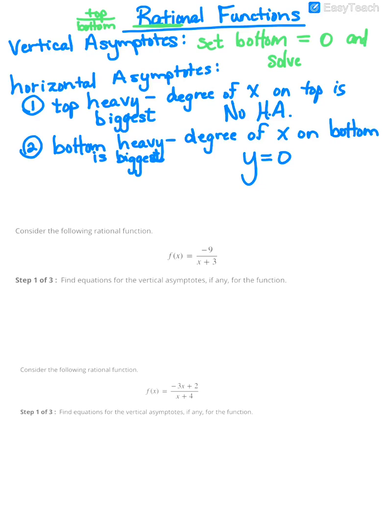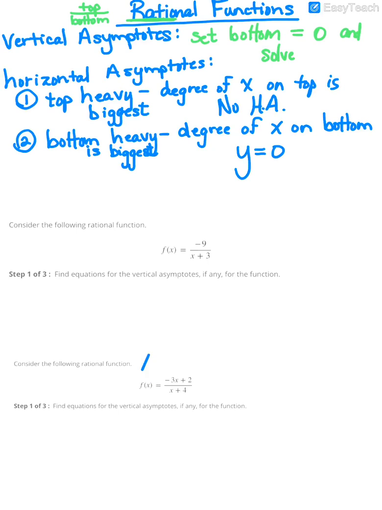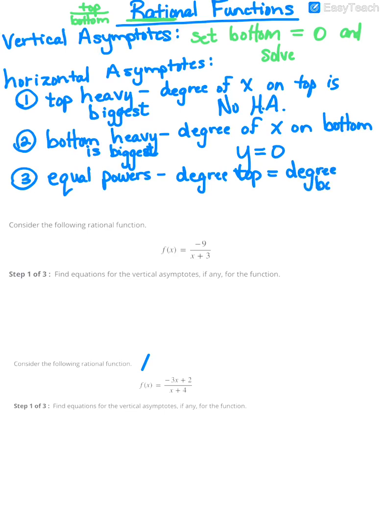because it is a horizontal line. Now, the third case is what we call equal powers, simply meaning that your degree on top is equal to your degree on the bottom. And when that is the case, you do have a horizontal asymptote.